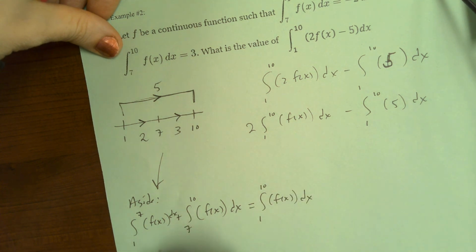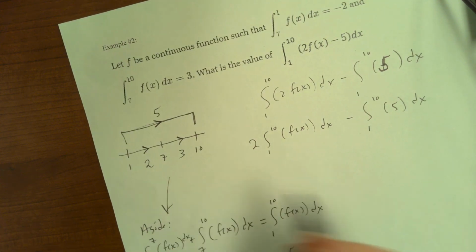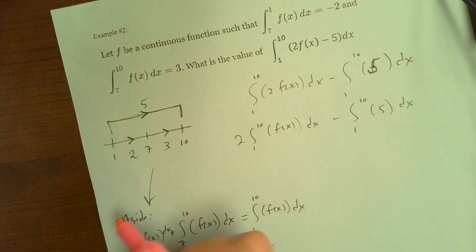So this is 2 plus 3 equals 5. All right, so that's just a little aside. So I have that it's 5.